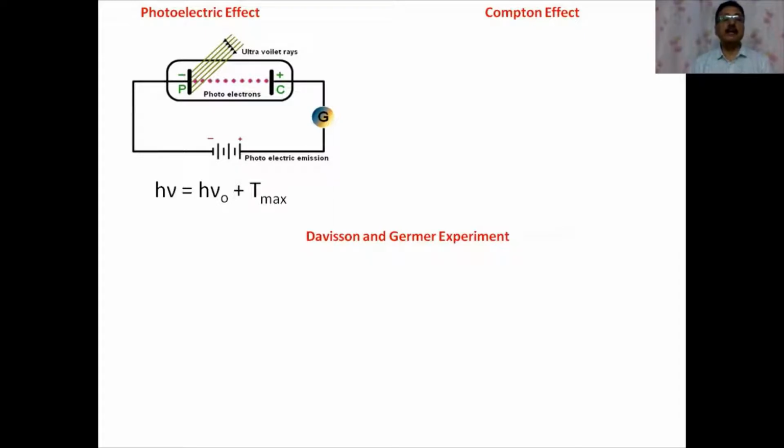Now here we have to understand that initially, Max Planck, while studying the radiation from a hot body, had given the view that the electromagnetic radiation came out of the hot bodies in the form of small bundles or packets of energy, and he called them quanta.